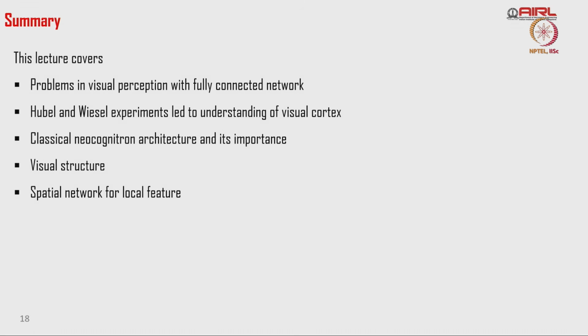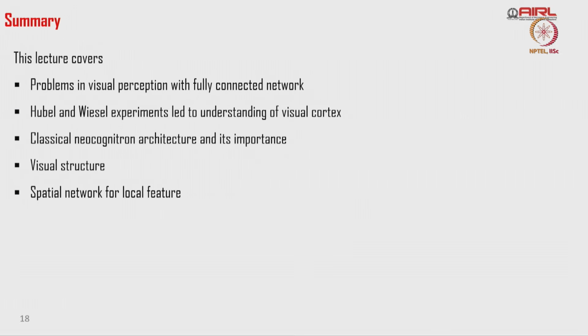With that inspiration, we talked about the classical Neocognitron architecture, its importance, and what exactly it processes. Then we defined what a local feature is, what the spatial network for local features is, the robustness, and global information to get the semantics. We talked about the complexity in processing visual data.